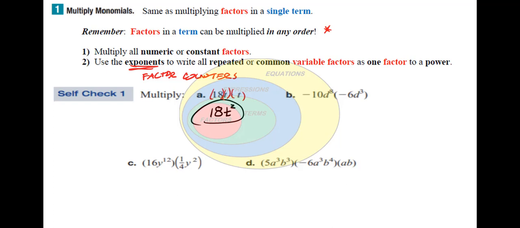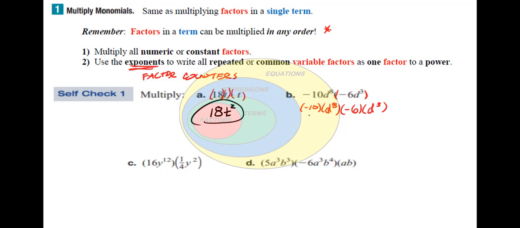The next expression here, you notice this is all multiplication throughout the whole thing because of the parentheses. They're just grouping, but they are just factors. We have a factor of -10, a d to the 8th, a -6 as a separate factor, and then a d cubed. Since it's all multiplication, we can start multiplying.